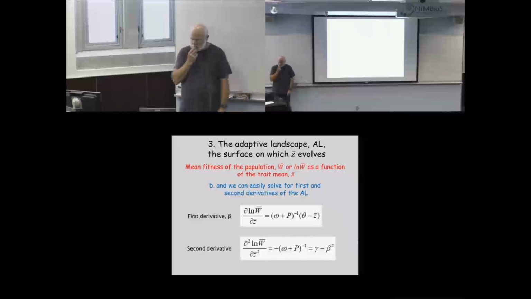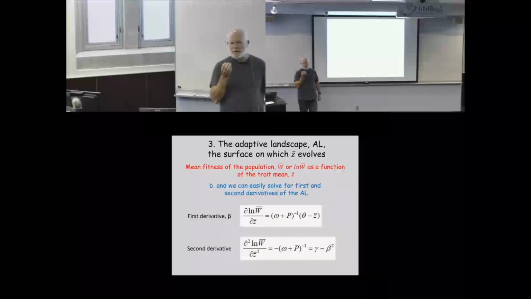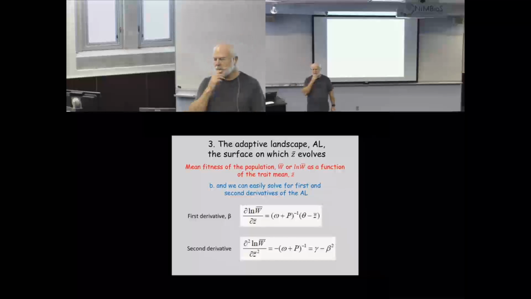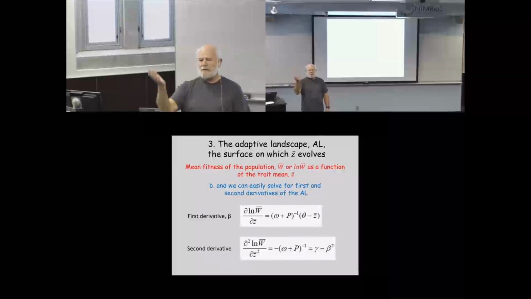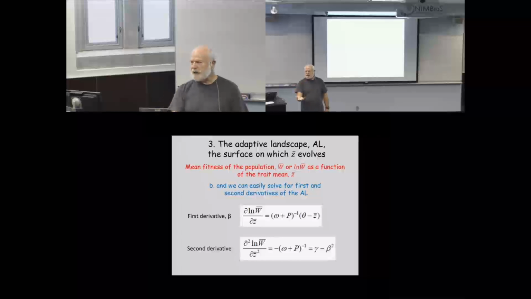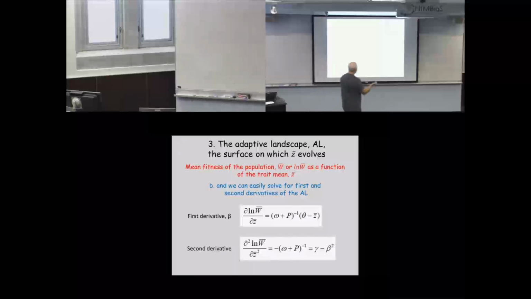So now we're looking at the properties of an adaptive landscape under the condition that we said. Let's suppose the ISS is Gaussian, the trait distribution before selection is Gaussian, and hence the adaptive landscape is Gaussian. Certain simple properties follow. So, for example, if we look at beta, this is true. We've already talked about that.